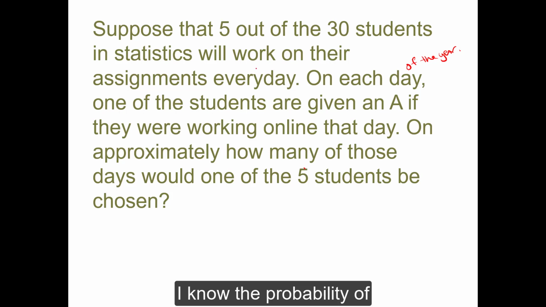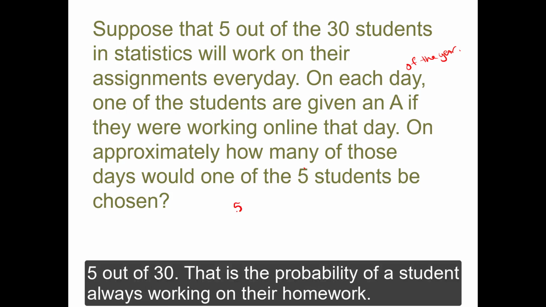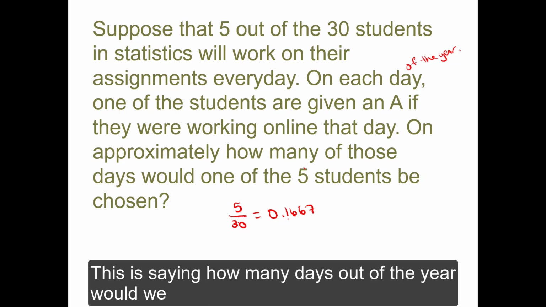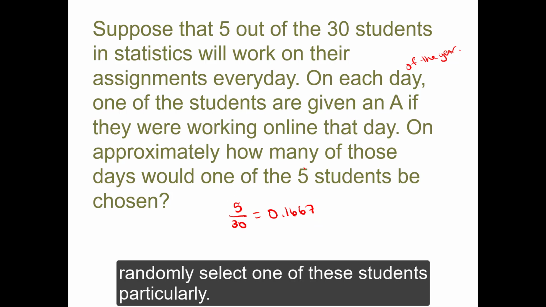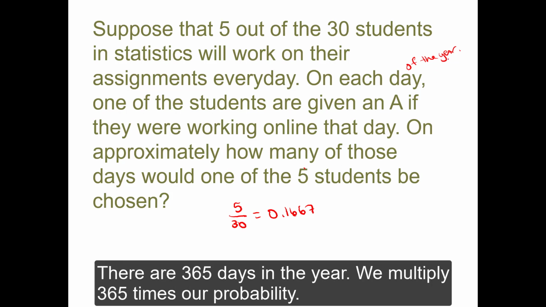All right, so I know my probability, there's 5 out of 30, and that probability of a student always working on their homework is 0.1667. All right, but this is saying how many of those days would one of these students particularly be chosen at random. So we know that there's 365 days in a year.